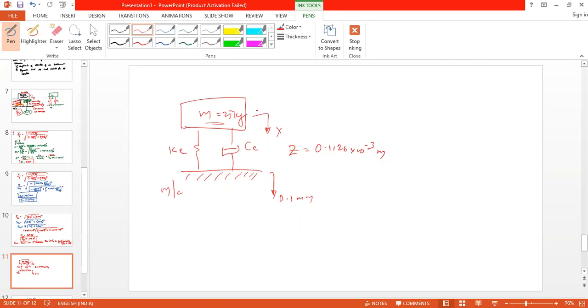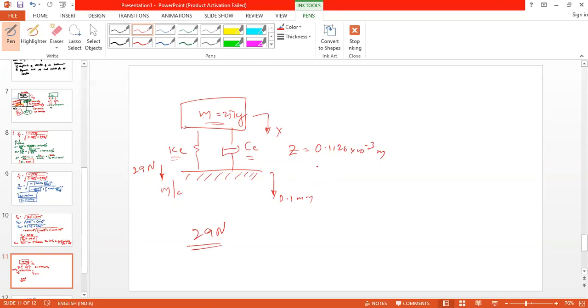So what is the force that is created against the displacement? That is equal to 29 Newton. This is the combined effort of the spring and damper. The spring and damper will transmit a force of 29 Newton to the support. Is it clear?